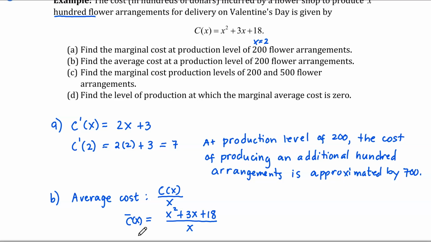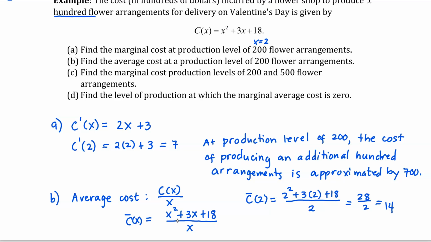And so to get the average cost at a production level of 200 flower arrangements, we're just going to evaluate C bar at x equals 2. So this is equal to 2 squared plus 3 times 2 plus 18, divided by 2. Simplifying this gives us 28 over 2, which is equal to 14.